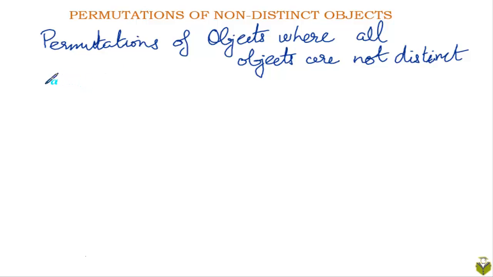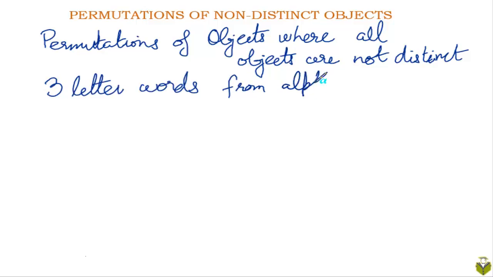Say we have to find 3-letter words from the alphabets in ALL, right? So what do you see as a distinct difference from problems we have covered before?